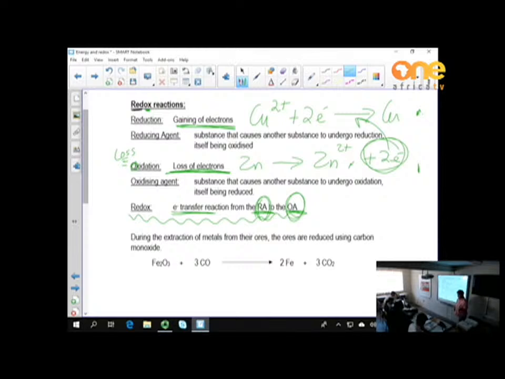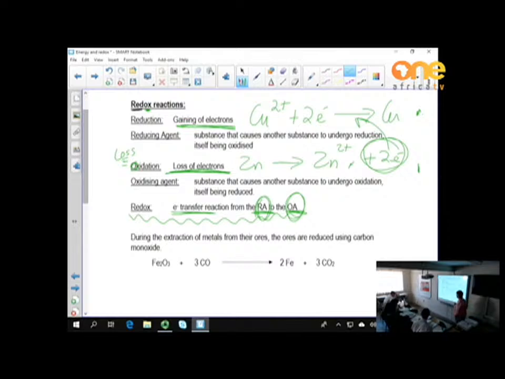Will you remember that? The reducing agent causes something else to be reduced. Okay? Itself will be oxidized. The oxidizing agent will cause something else to oxidize, but itself will undergo reduction.